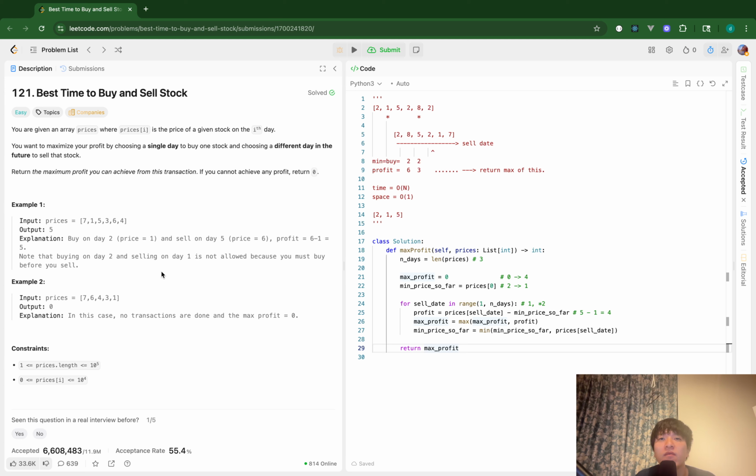I mean, I can calculate the max profit with each sell date fixed. And I will return the maximum of them. Okay, that's it.